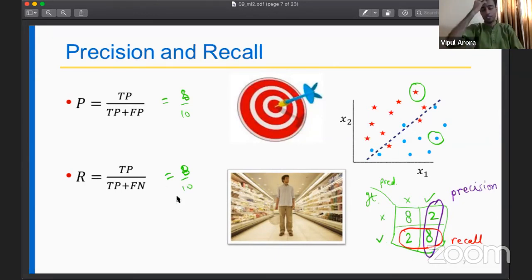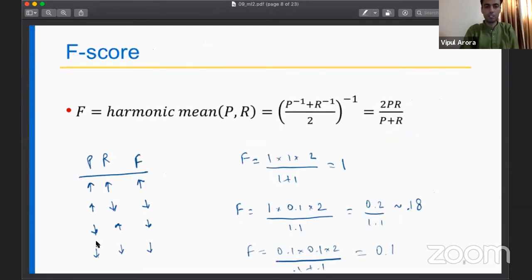In one line, the number of people who actually had corona and who were correctly detected, divided by total number of people who had corona. In other words, detected positive cases divided by all the positive cases, where positive means the ground truth is positive. So people who were correctly detected to have corona, divided by all the people who had corona. That is recall.